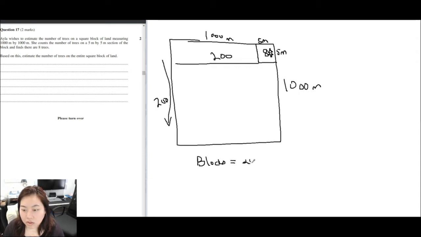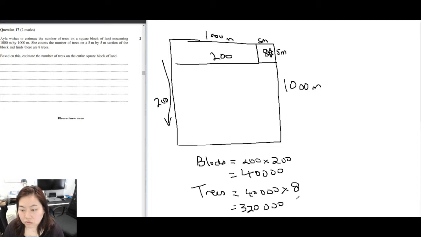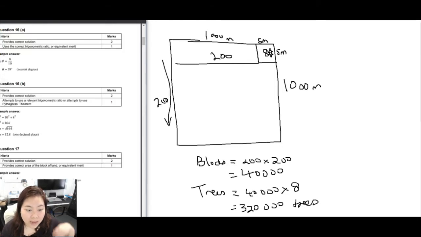Equals 200 times 200. 40,000 blocks, and the number of trees would be 40,000 times 8, which is 320,000 trees in this block of land.